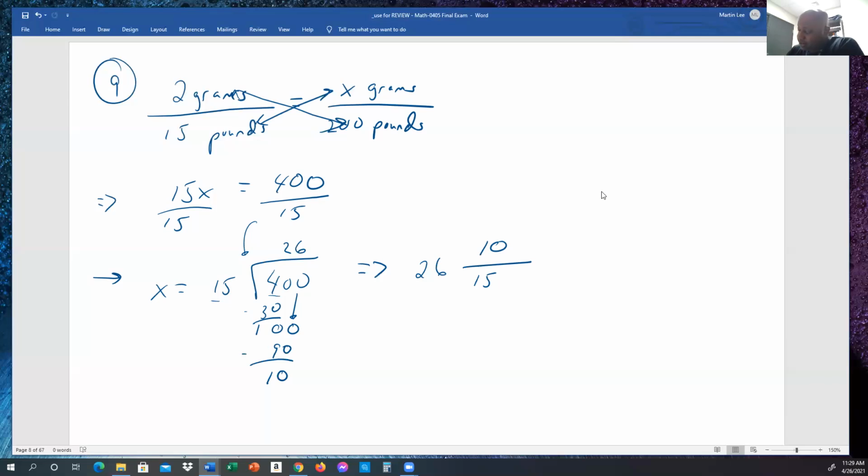I can see the 2/3, but I did something wrong. What did I do wrong? Because when I reduce this, this gives me 26, and that fraction gives me 2/3. But they have 2 2/3 as the answer. I have 26 2/3.